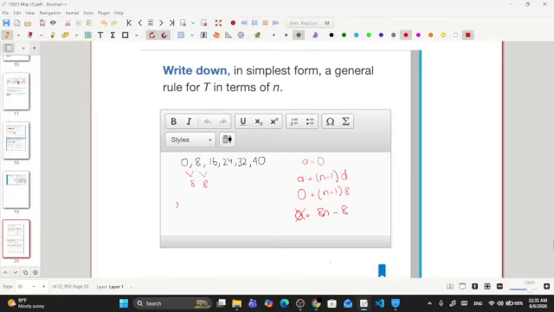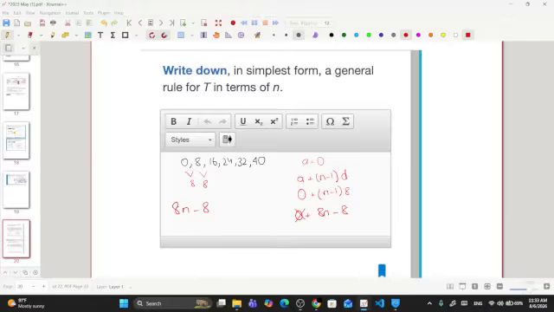So essentially speaking, 8n minus 8 will be our final answer. That would work. Write this down and also at the same time do test these values.